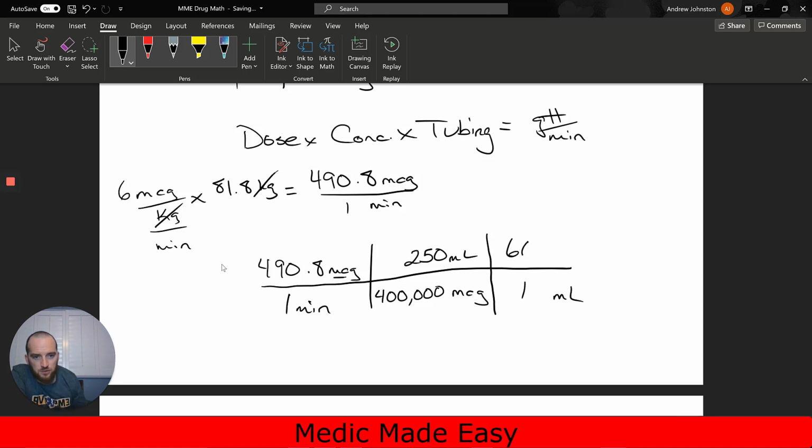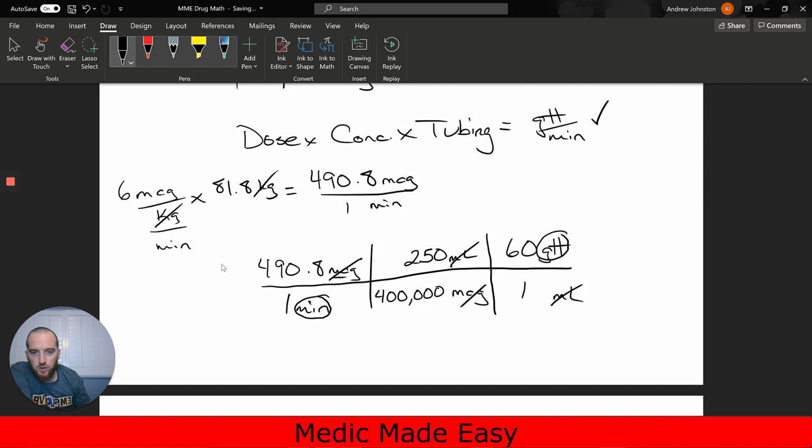So I have 60 drop per milliliter tubing. So remember, we're going to cancel units top to bottom. Micrograms on top, micrograms on bottom, those go away. Milliliters on top, milliliters on bottom, those go away. All I'm left with is drops on top and minutes on bottom, which is my drops per minute, the goal that I'm shooting for.